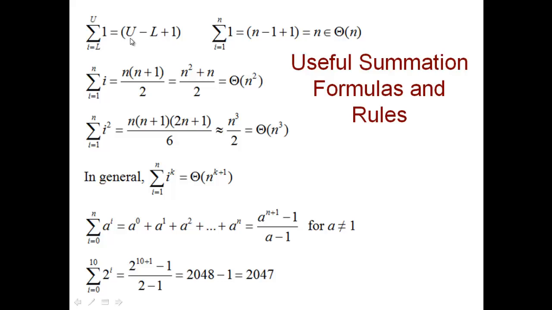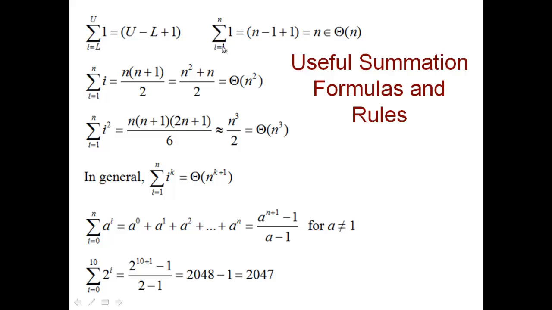The only criterion we have to check while applying this formula is that what is inside the summation should be a constant. It could be 1, 2, anything. If it's anything other than 1, like we did in the earlier example, you can take that constant outside and still apply this formula. Then we can say upper limit minus lower limit plus 1.